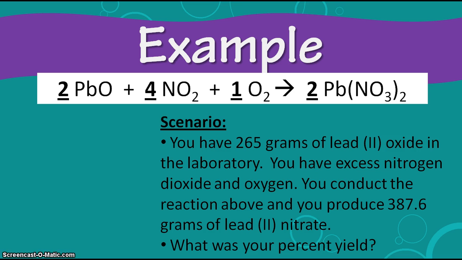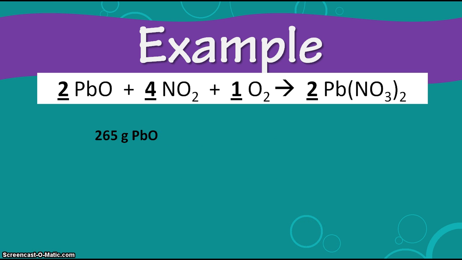We actually performed the reaction shown in the laboratory, and we actually measured 387.6 grams of product. Now, is that what you would theoretically get if all 265 grams of lead-2 oxide reacted perfectly? Well, to determine that, we're going to have to rely on some stoichiometric calculations.